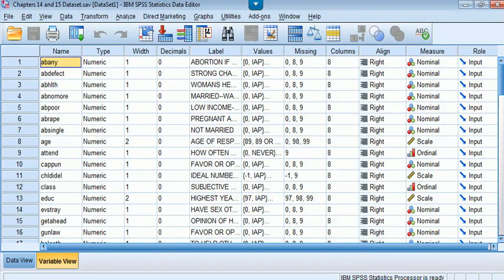So now let's actually create a bivariate correlation, particularly the Pearson's r. In order to do that, one thing we have to make sure of first is that both of our variables are metric, meaning that they're interval and ratio level data.